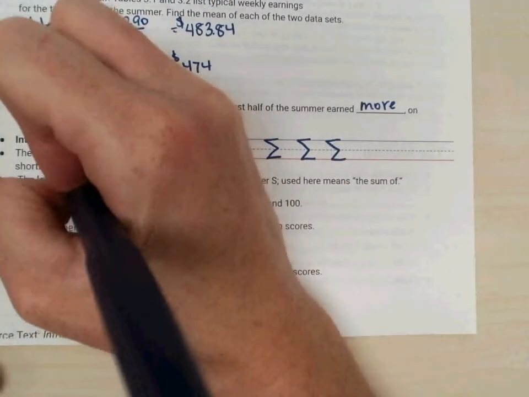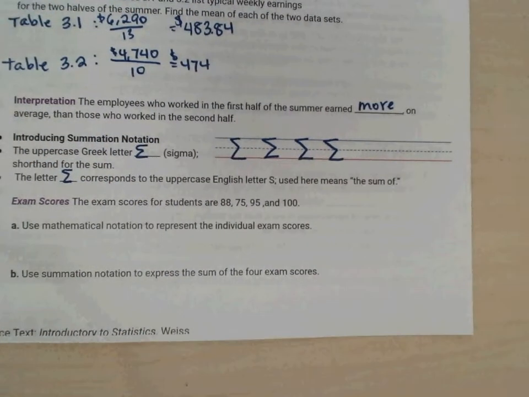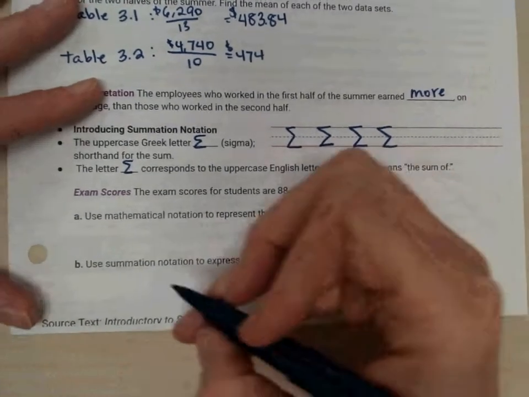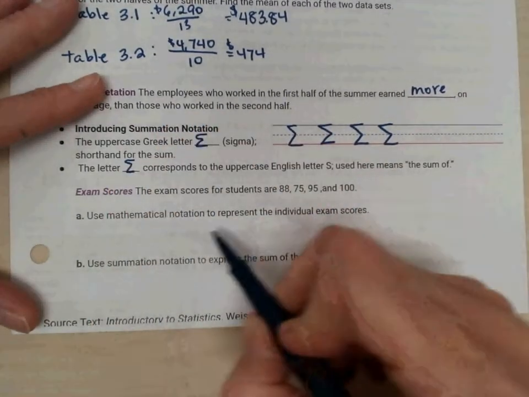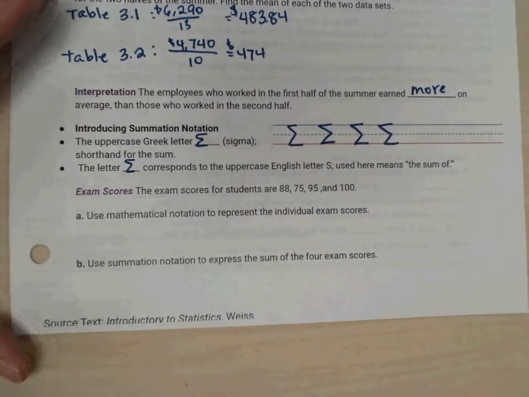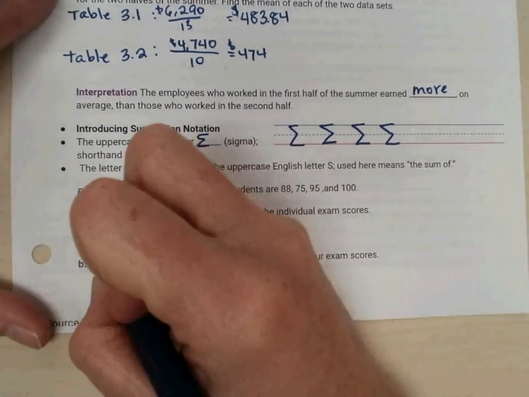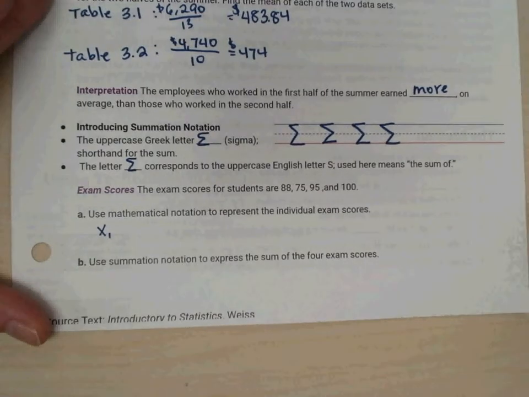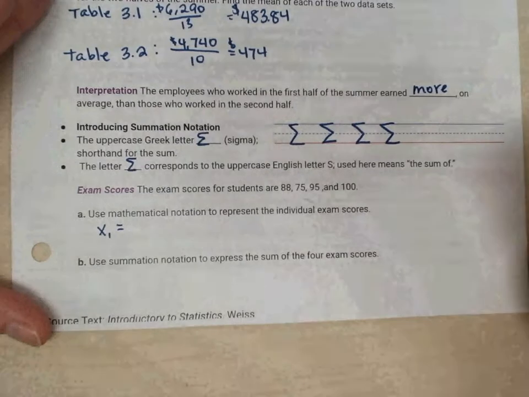The letter sigma corresponds to the uppercase English letter S, used here means sum. So for exam scores, we're going to calculate, first of all, the sum of the exam scores. First it says use mathematical notation to represent the individual exam scores, and the way that we do that is we just do the X subscripts. So X sub 1 is how we read that, is 88.